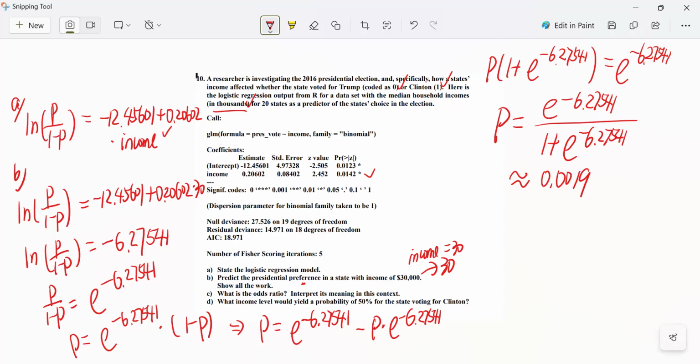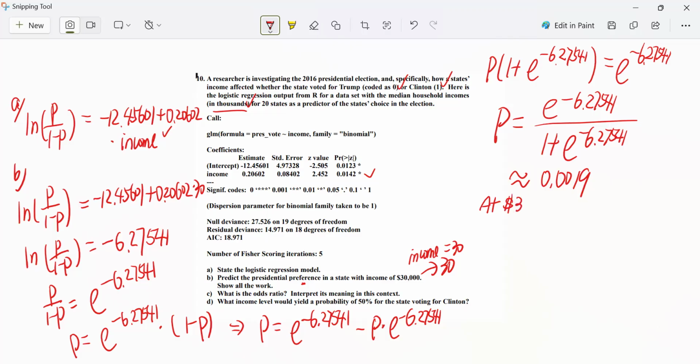So that means 99.81% of the voters at the income level of 30,000 will vote for Trump. That's what this means.